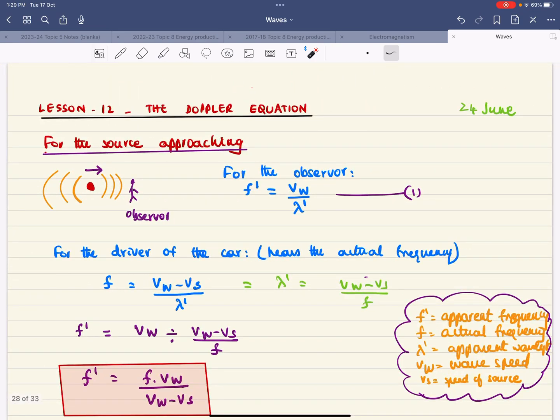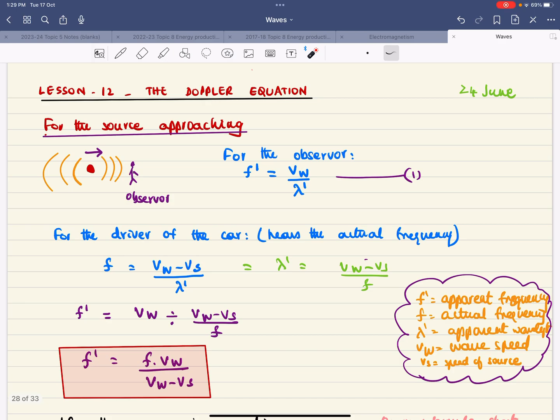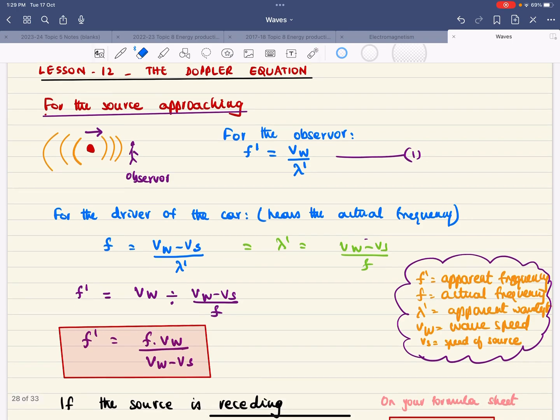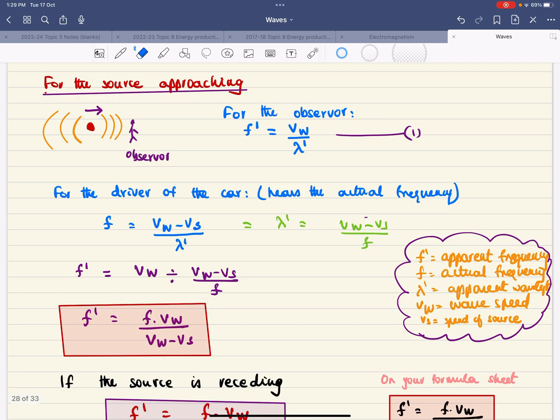Now, moving on, this was lesson 12, the Doppler equation, so I will combine both of those in this video. So for the source that is approaching, what happens? This is the derivation of the formula. For this observer here, the observer is going to hear a different frequency.